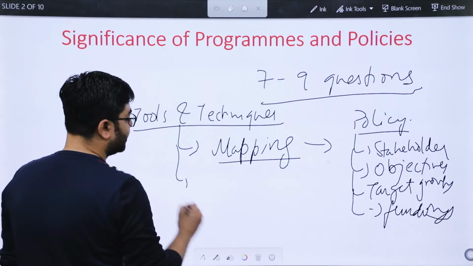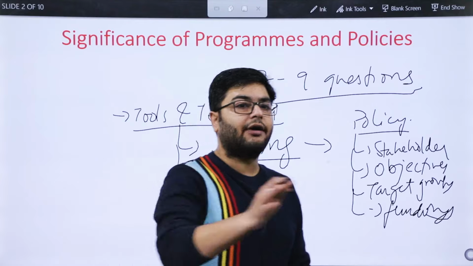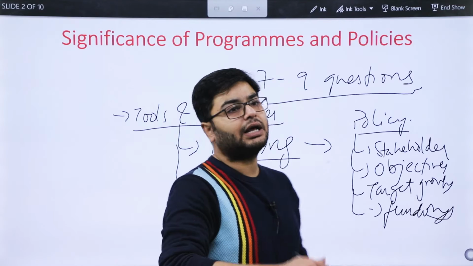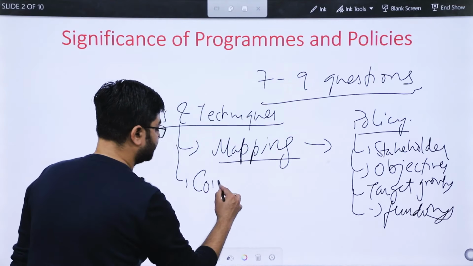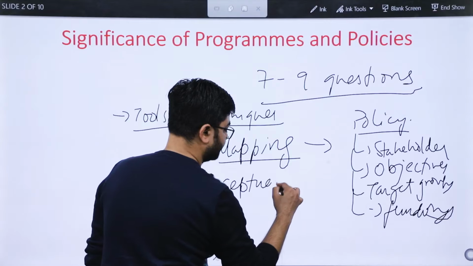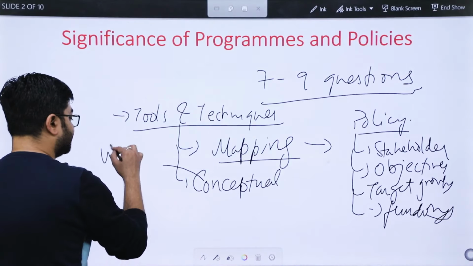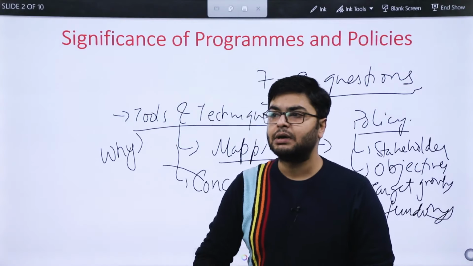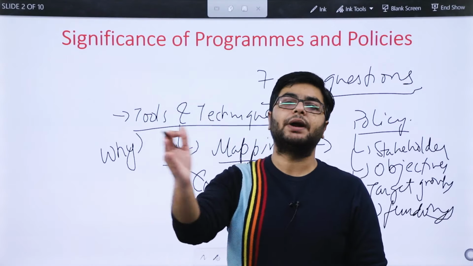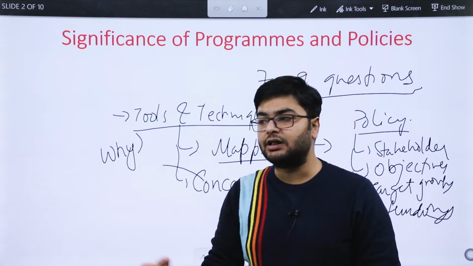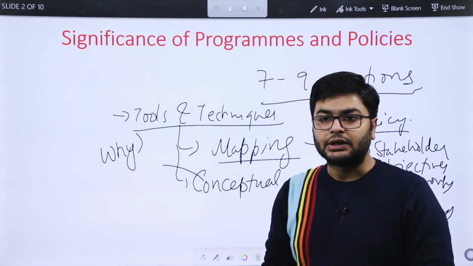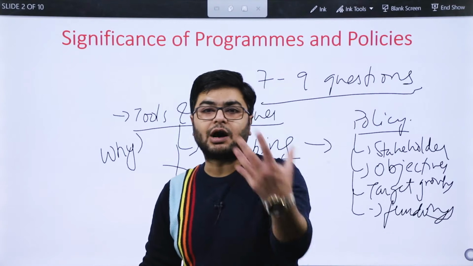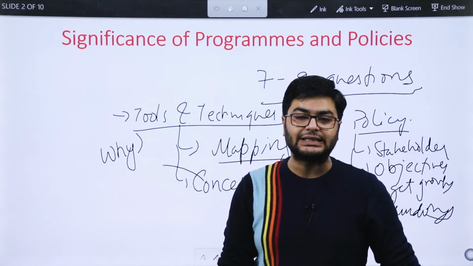Also, another thing which often gets obfuscated by a candidate is the conceptual underpinning. Why? If there is a poverty eradication program, why? What does it bring to the table? Does it fulfill the basic income need? Right? Does it fulfill, if it's a housing program, a basic amenity need?